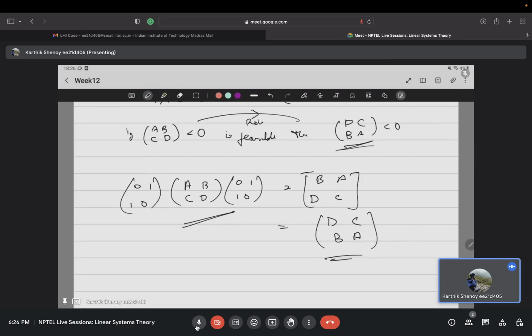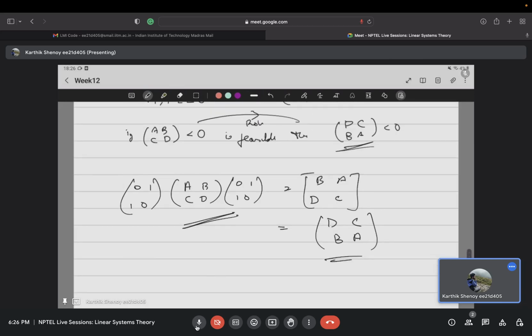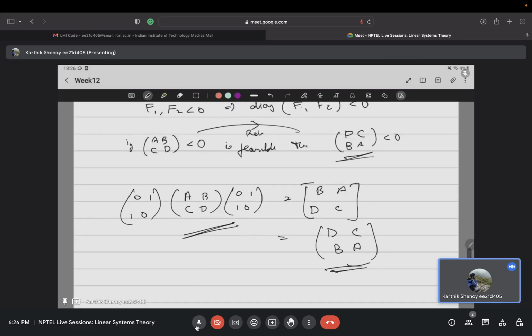Okay, it's just a similarity transformation, which means it doesn't change the eigenvalues. So that's the, yeah. So these are the rules which you can use for solving LMIs.